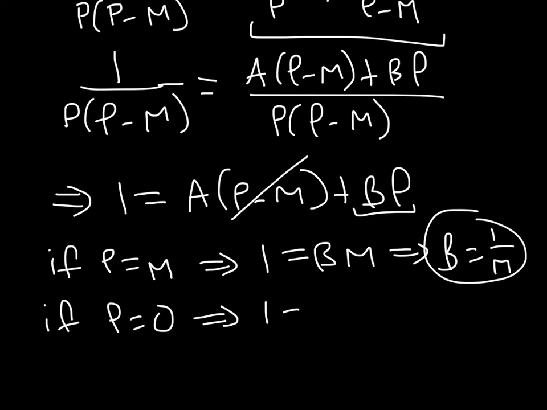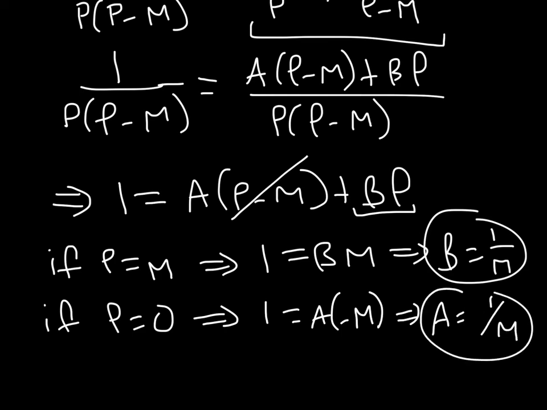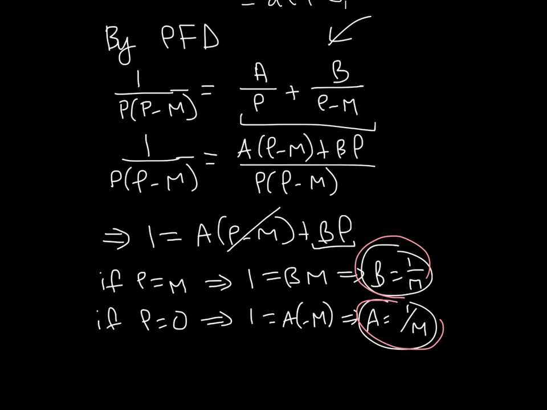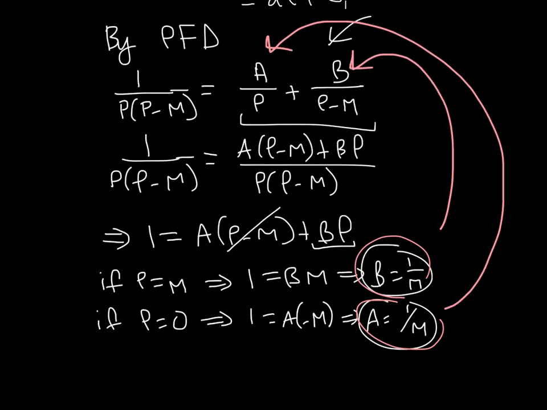We get, let's see, 1 equals A times negative M. And therefore, if we solve for A, we get the following expression in terms of M. So we found our A and we found our B. So now we are allowed to plug these guys right in here. And actually, just kidding, a small little error. My A is negative 1 over M. So that should be a negative right there.